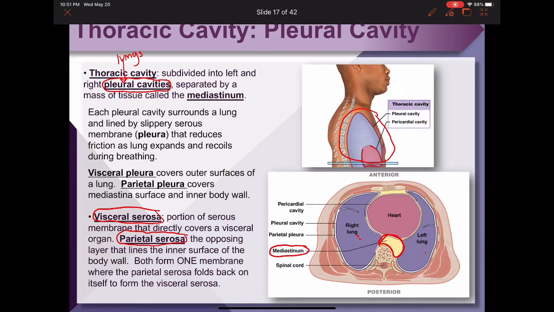If you remember from the sweet potato demonstration, you can rewind to that area if you want to go over this again. The part of the plastic Ziploc bag that touches the potato itself is the visceral part.